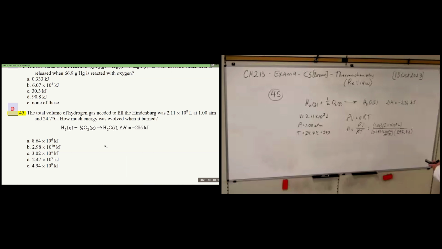Divided by 0.08206 and 297.75. So the number of moles is equal to 8.64 times 10 to the 6th moles. So now we just need, what's the heat relationship here? Per mole of hydrogen is minus 286 kilojoules.